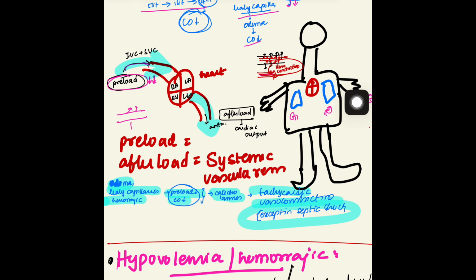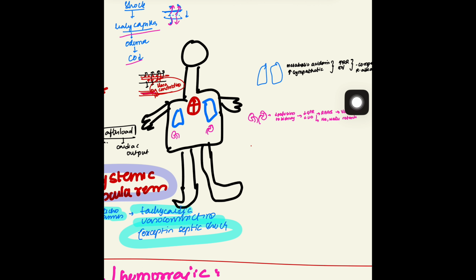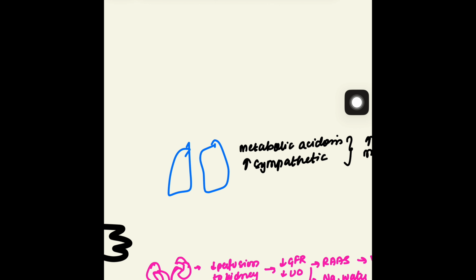I also want you to know how preload and afterload work. Afterload mainly depends upon systemic vascular resistance. How does systemic vascular resistance work? This is the heart. This is your aorta.